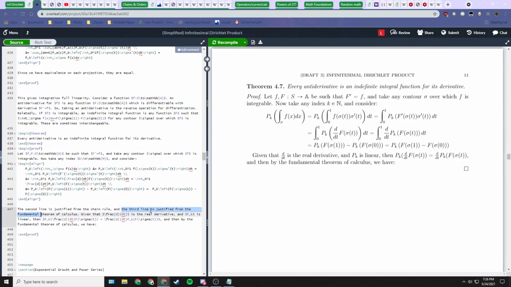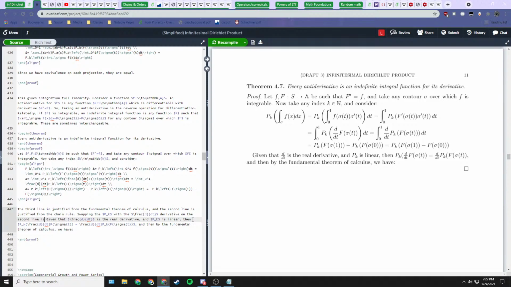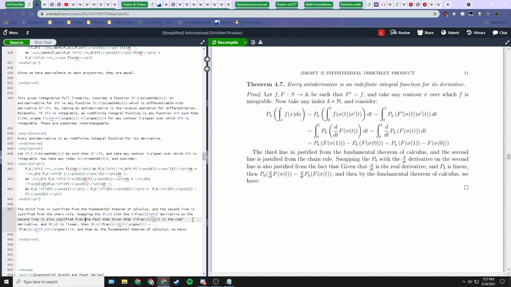Let's actually rearrange these. So pulling this p sub k projection with the ddt derivative is also justified from the fact that ddt is the real derivative and p sub k is linear.